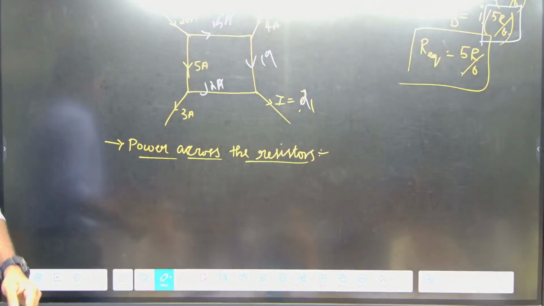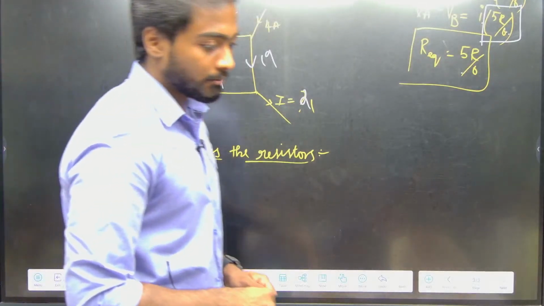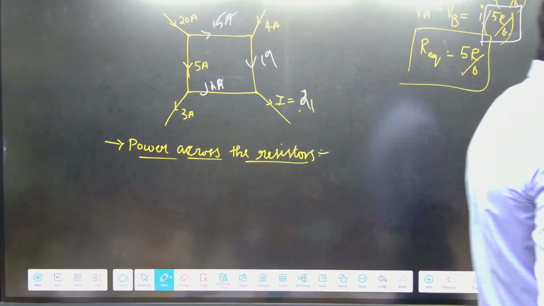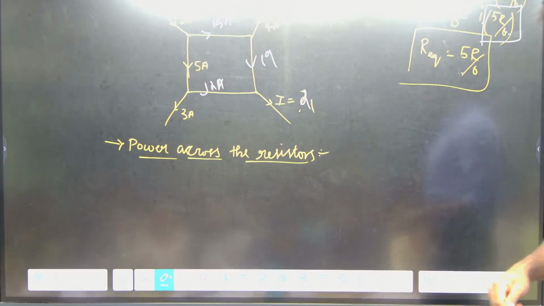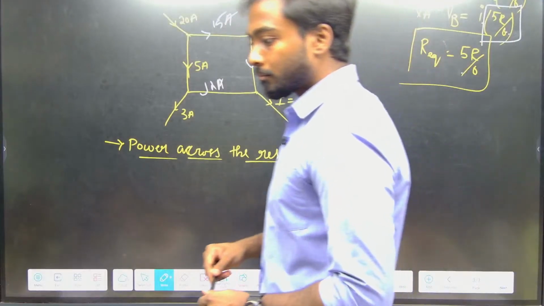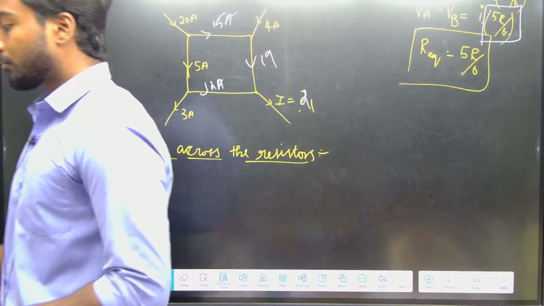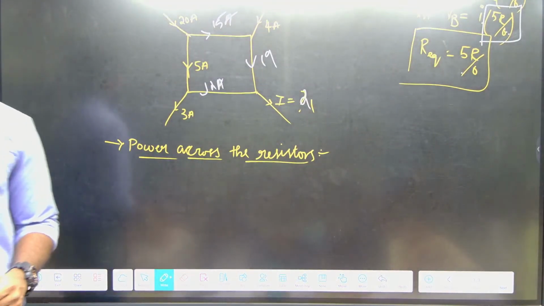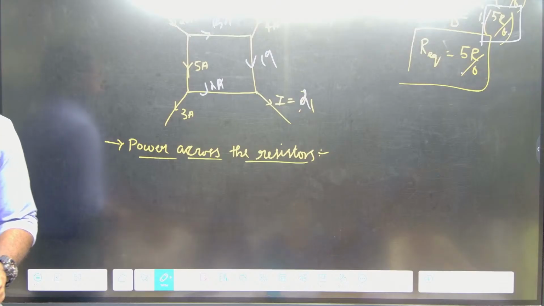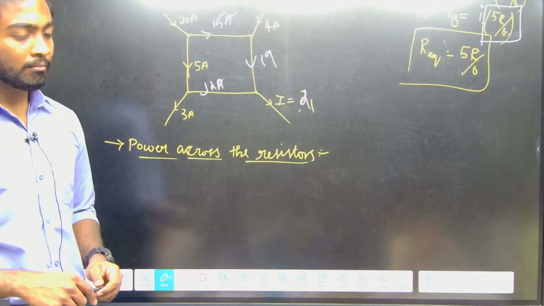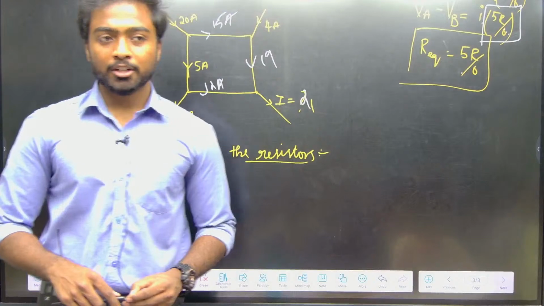So the next topic is power across the resistor. Power across the resistor. Write down the first point.